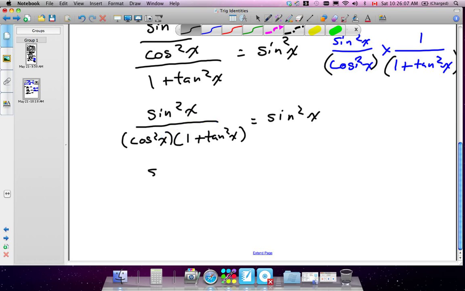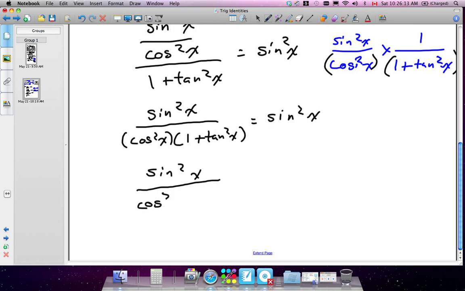So my bottom is cos squared x, and then plus cos squared x times tangent squared x. Well, I don't know what that equals, so I'm just going to leave it in that form. I'm doing a lot on the bottom right now.